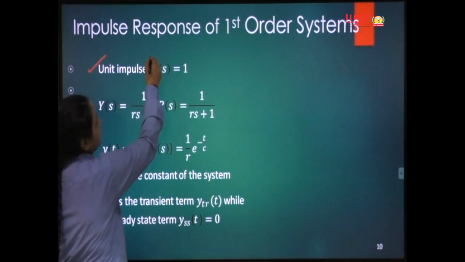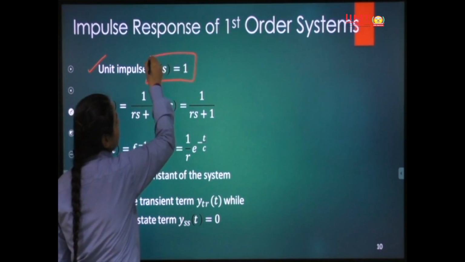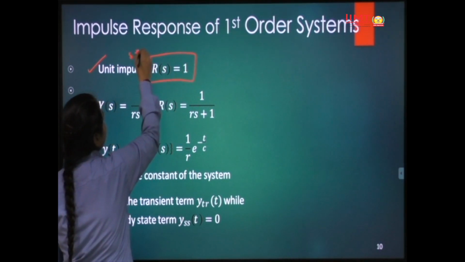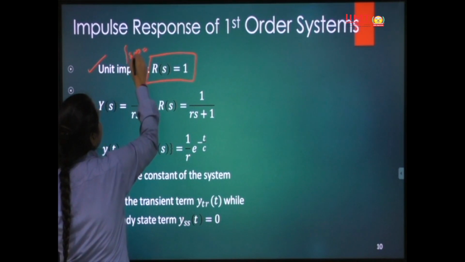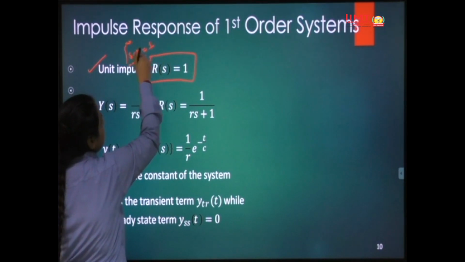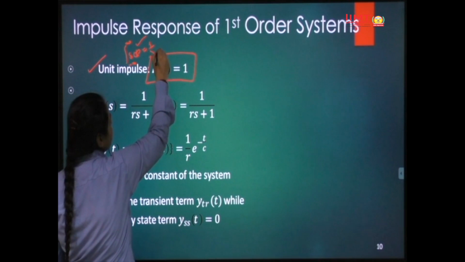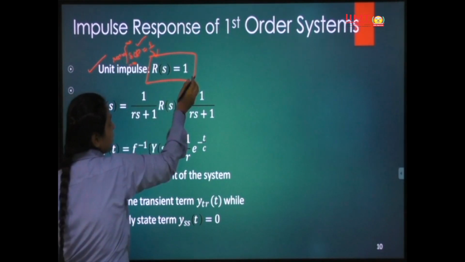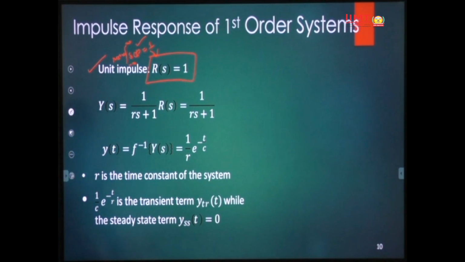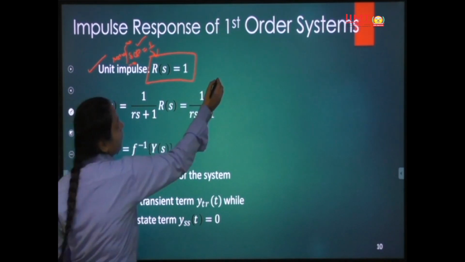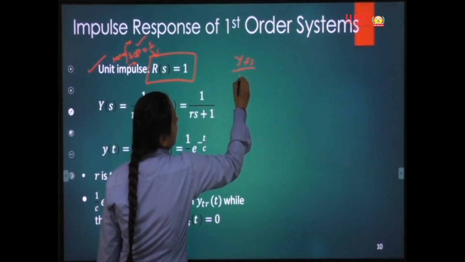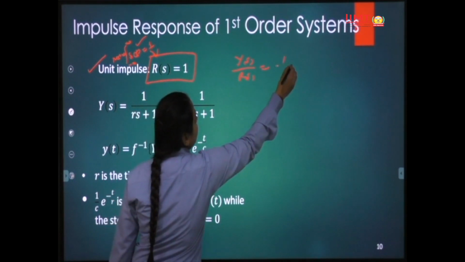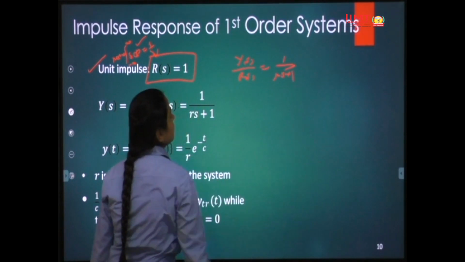As we know, the Laplace transform of the impulse input, delta t integrated from minus infinity to infinity, is equal to 1. That is, the Laplace transform of this particular system is R(s) equal to 1, and we already have Y(s) upon R(s) equal to 1 upon (Ts plus 1), the transfer function.